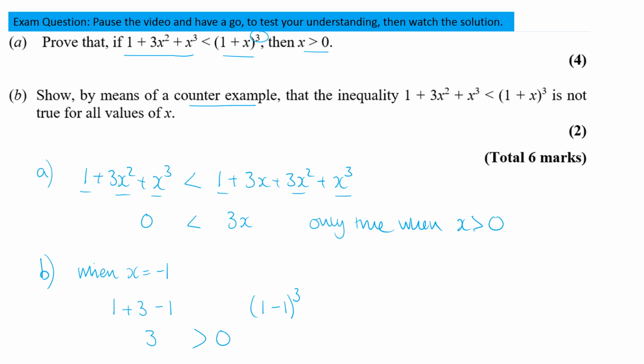So when x equals minus 1, the 1 plus the 3x squared plus x cubed is actually the other way around, is bigger than 1 plus x all cubed. So this is our counterexample there.